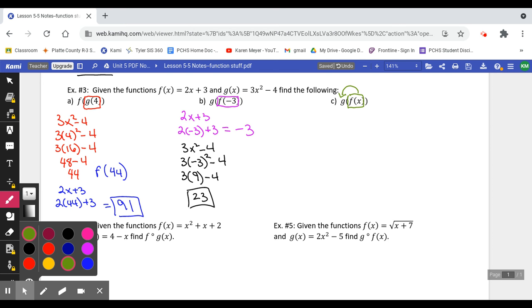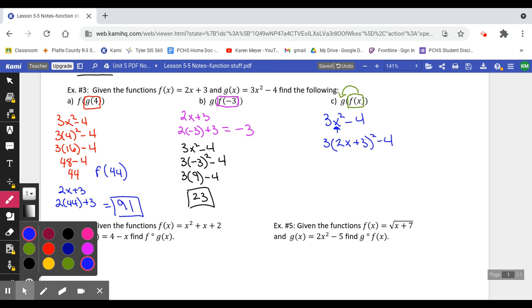We are taking the inside function and substituting it into x in the outside function. My outside function is 3x squared minus 4, but instead of x, we substitute in my inside function, 2x plus 3, in its place.